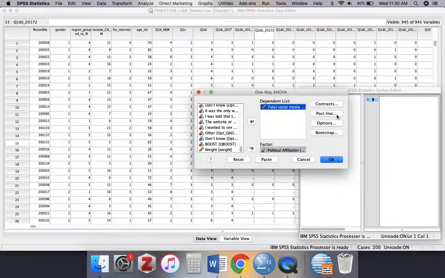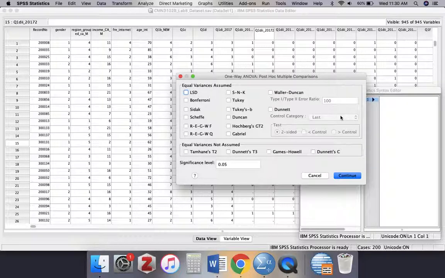It's just a bunch of t-tests done to compare two groups at one time, and it'll compare each group to each other so we know where the differences lie across the three groups. So we're going to go ahead and click on this option here.